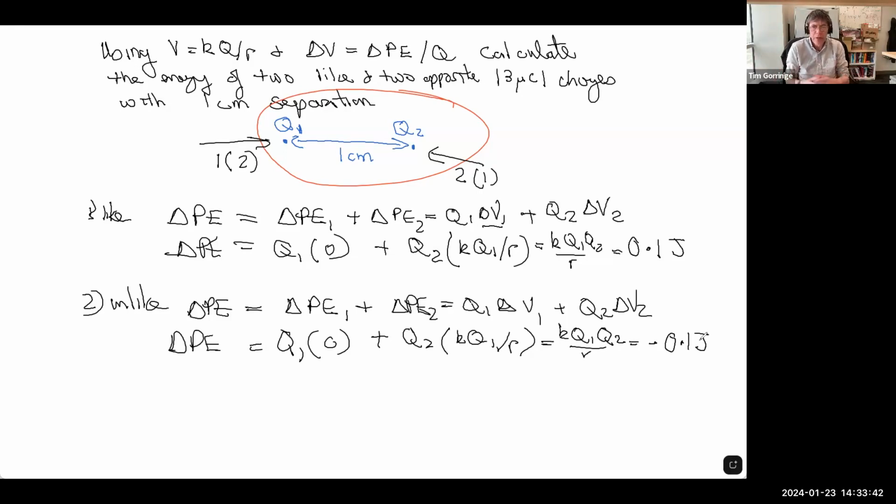It gets a bit laborious, but you could extend it to 3 charges, to an arrangement of 4 charges, or in principle, an arrangement of any number of charges. To calculate the stored electrical energy, you just one by one keep bringing in charges into the potential of the other charges that are present already. So the method is perfectly extendable to 3 charges or 4 charges or more. It just gets more and more laborious to make the calculation.